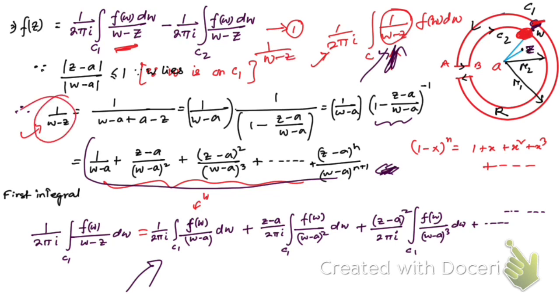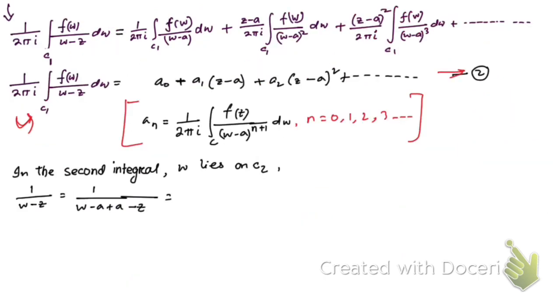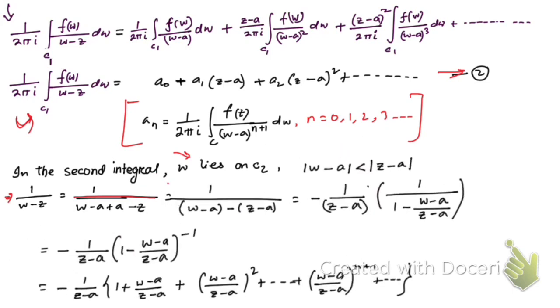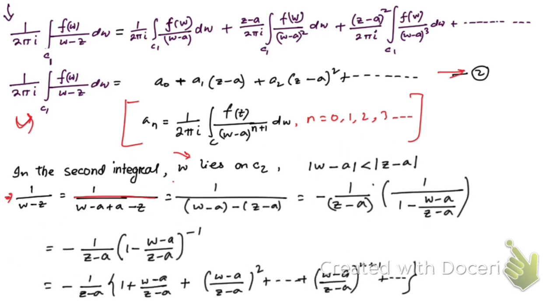Okay, so let's do that. Go to the next slide. Here you see, so here we have considered w lies on c2, right? So again we have written 1 by w minus z in this way, 1 by w minus a plus a minus z. Okay, then if we expand, we're gonna get this result again.